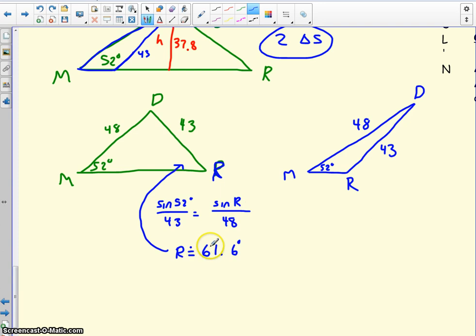So while the calculator is giving us the one in this acute triangle, we need to find the related angle in the obtuse triangle. To get that, we just take the angle that we're given, and we subtract it from 180 degrees. Okay, and that gives me a second possible angle of 118.4.